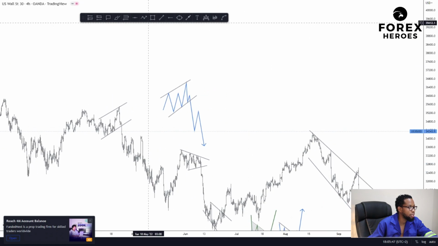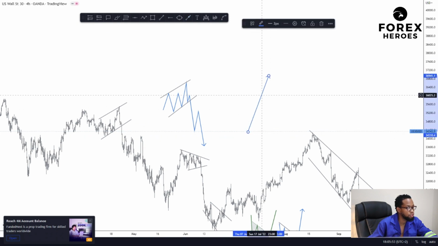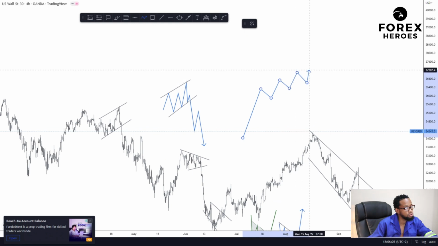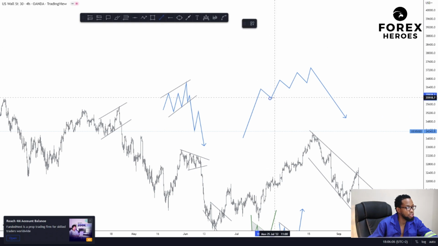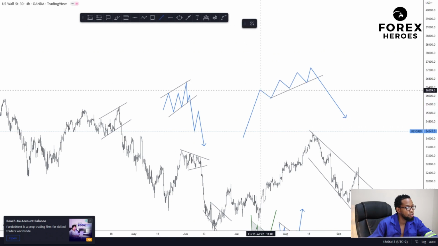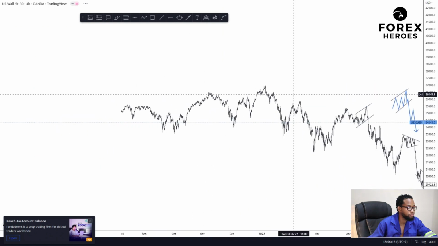So we do know that if you are having a push to the upside, something like this, and then moves, push, then the market starts to create a rising wedge, we expect a break. So that is what happened there. So we knew that we're gonna be capitalizing on taking short positions. Okay.